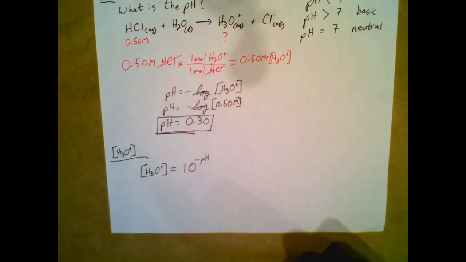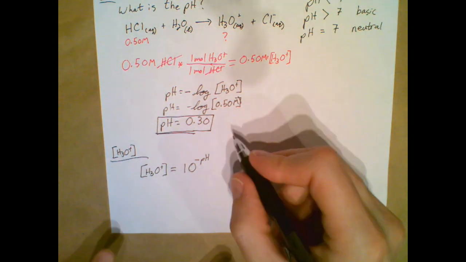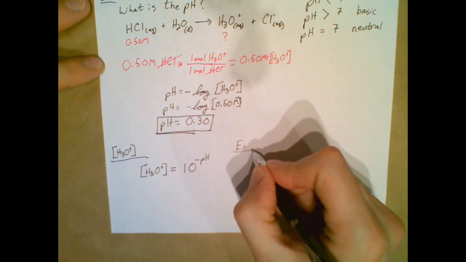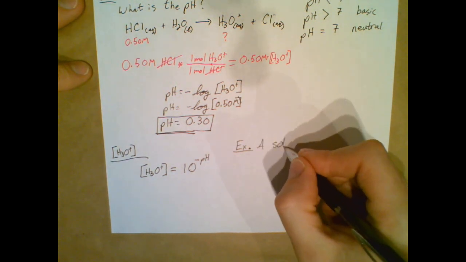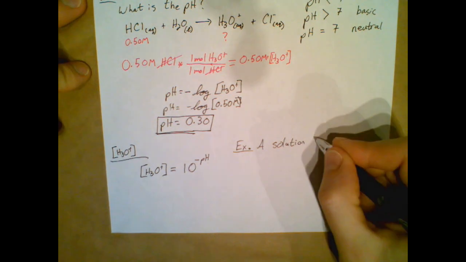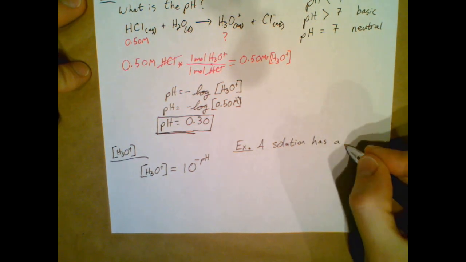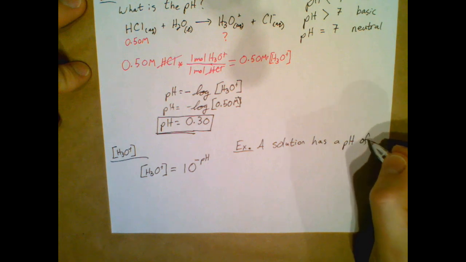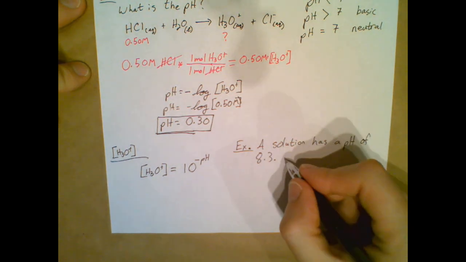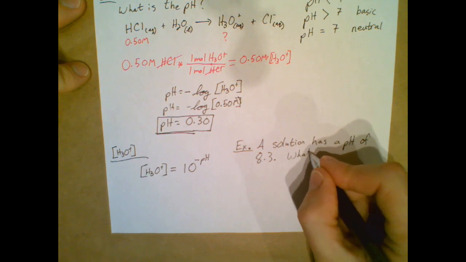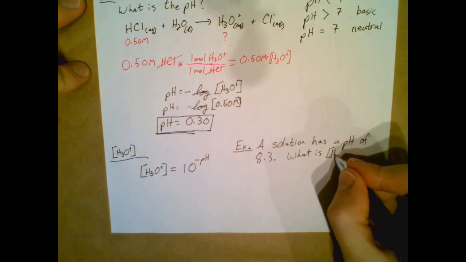Okay? So let's do an example. Let's say a solution has a pH of, let's say, 8.3. Remember, no units. What is the concentration of H3O+?